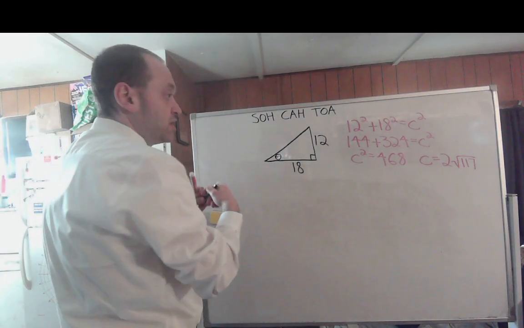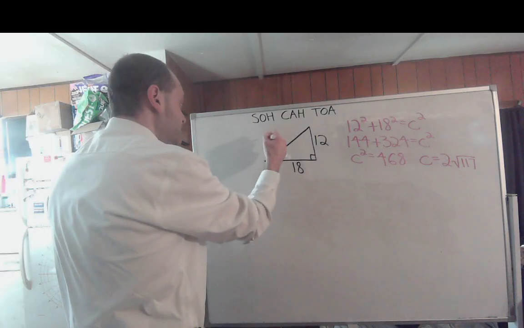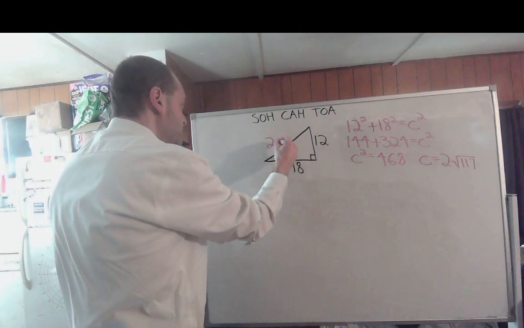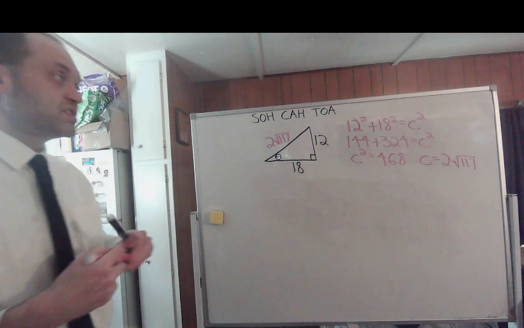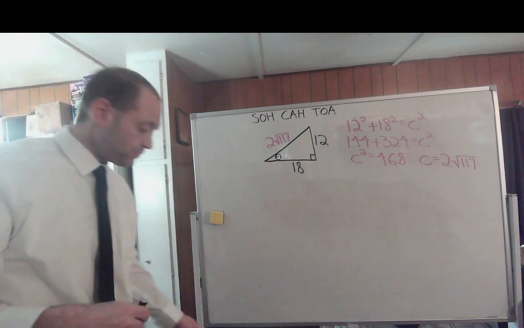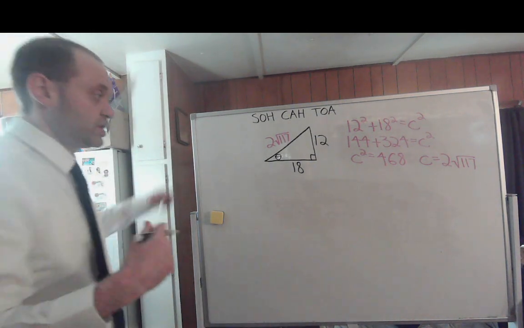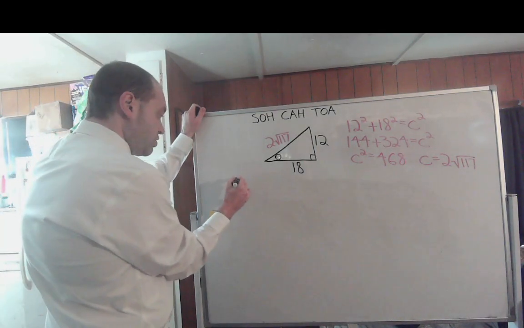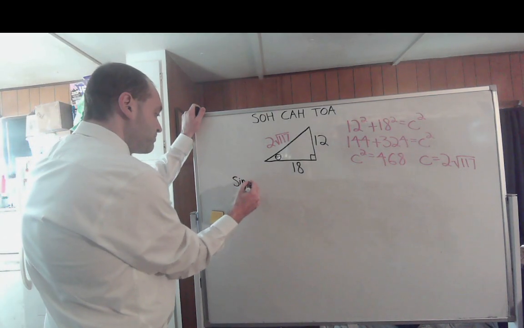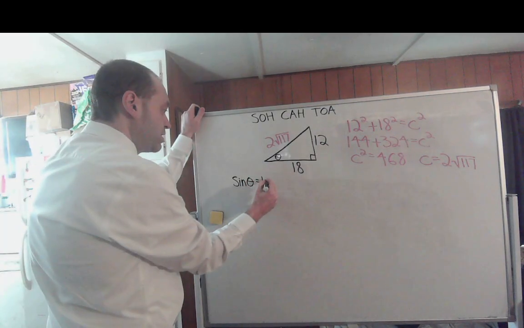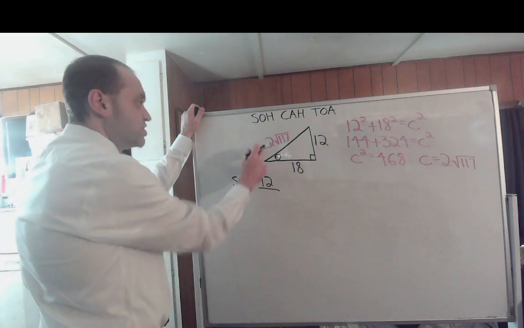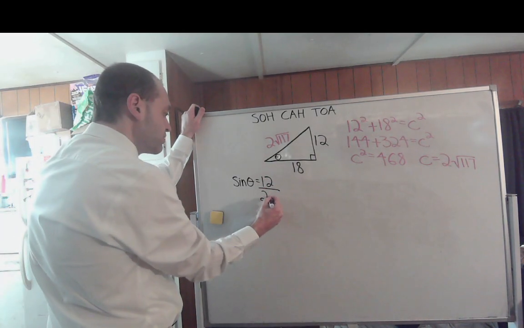So now that we know the length of our hypotenuse, it's going to be 2 times the square root of 117. We can proceed to finding the value of the 6 trig functions. So the sine of theta, again, equals your opposite side, which would be 12, over your hypotenuse, which is 2 times the square root of 117.